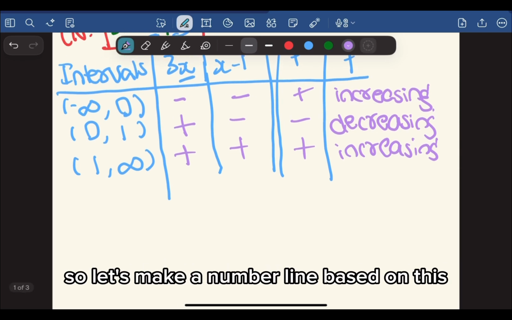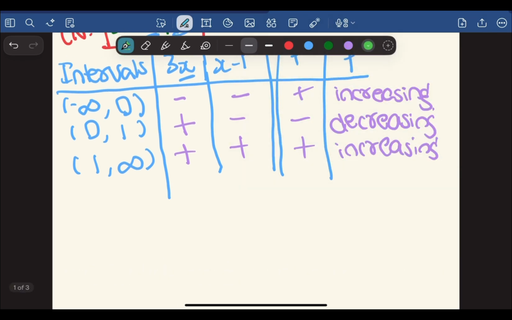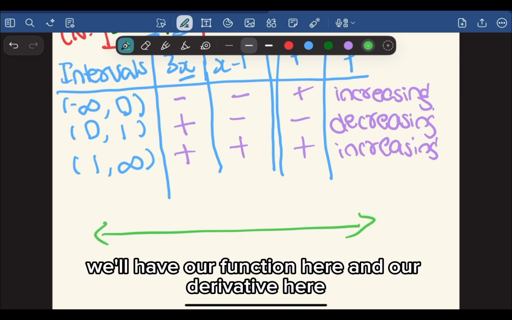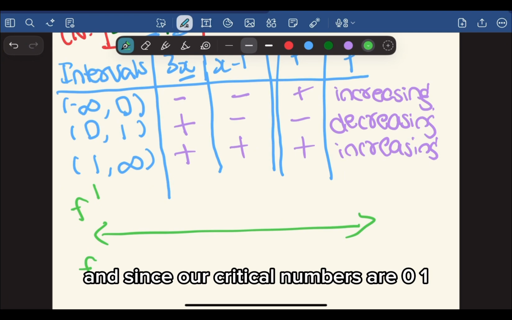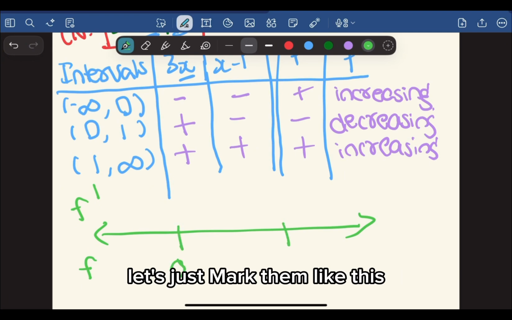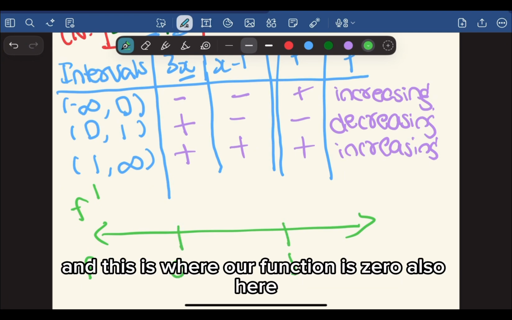Let's make a number line based on this. We'll have our function here and our derivative here. Since our critical numbers are 0 and 1, let's mark them like this. This is where our derivative is 0.